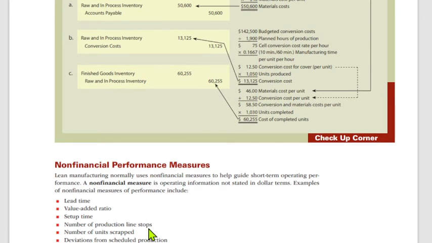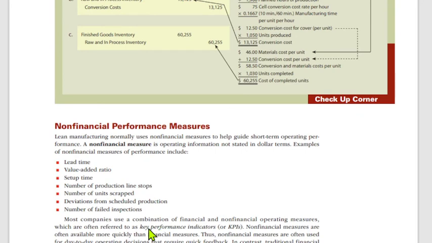The non-financial measures under the concepts of lean manufacturing is identified here. The lead time, value added ratio, setup time, the number of production line stops, the number of units scrapped, deviations from scheduled production, and the number of failed inspections, because these are important indicators in pinning quality, kasi hindi mo naman makikita yung quality if you don't have indicators, and these are indicators of quality.